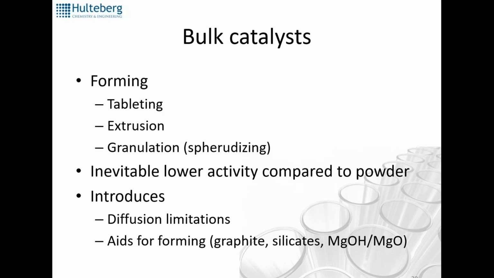The dies that we're using are quite sensitive to mechanical wear, so adding graphite will help us as a lubricant, more or less. The graphite is removed afterwards by heat treatment, but the silicates and the magnesia will actually stay.